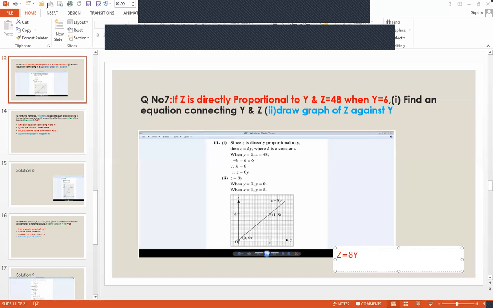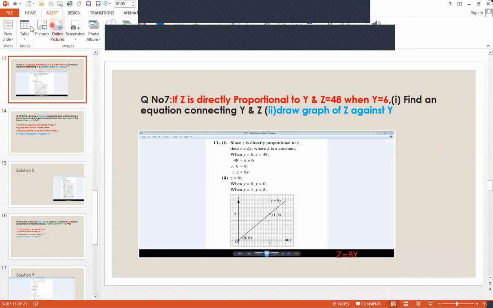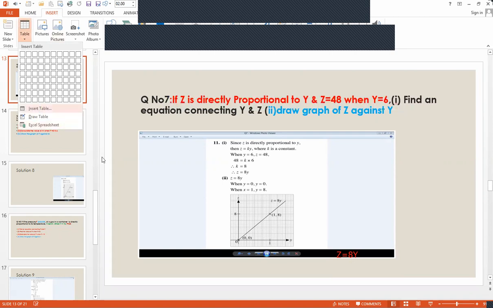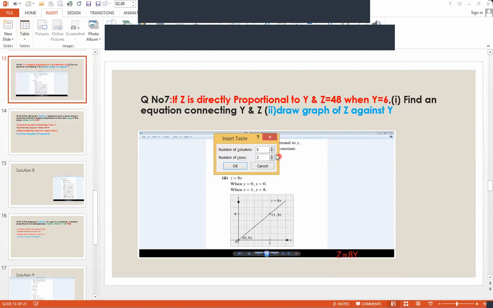First, I have to insert a table so that I can take the values. How many columns do we need? 3. We can take 3. Number of rows 2.